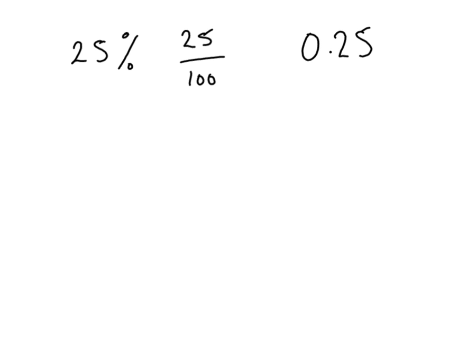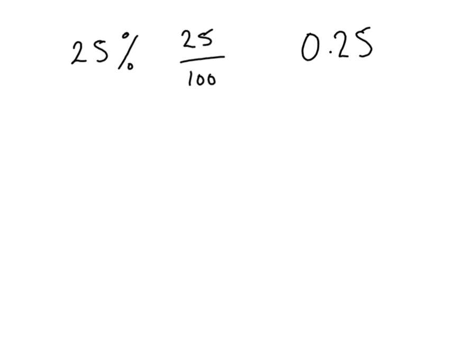So, if we had 25%, we can put this into a fraction, 25 out of 100. Then we have our fraction, and to get it into a decimal, we divide by 100 to give us 0.25.